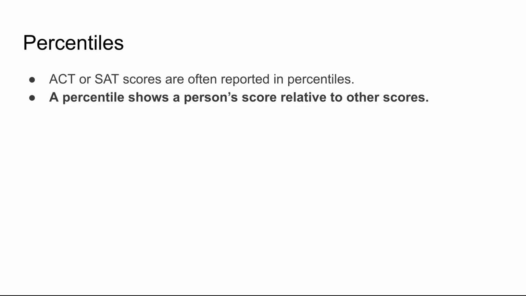For example, if a student's score is at the 82nd percentile, that means approximately 82% of those taking the test scored lower than the student, and approximately 18% had a higher score.